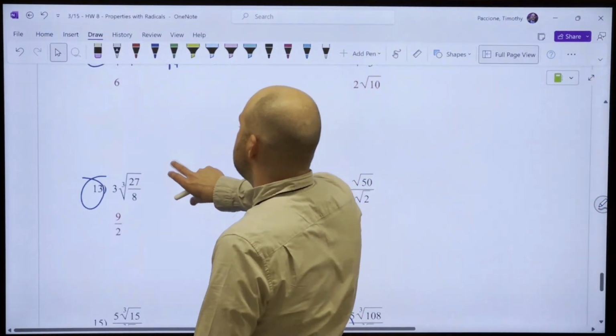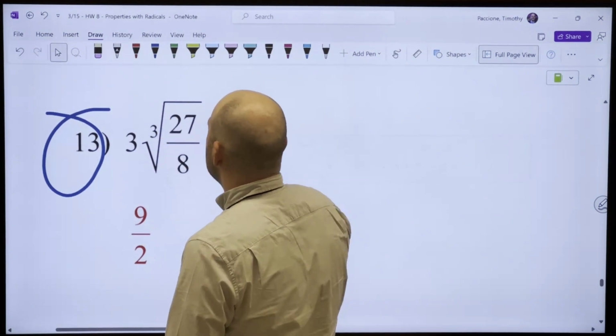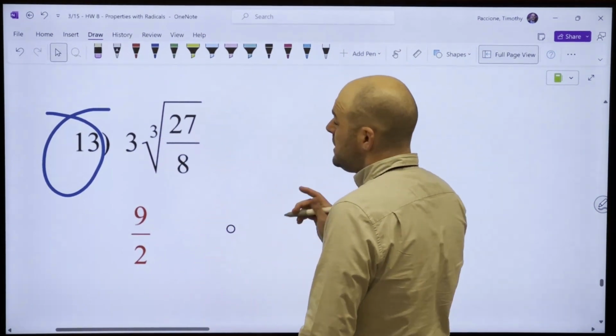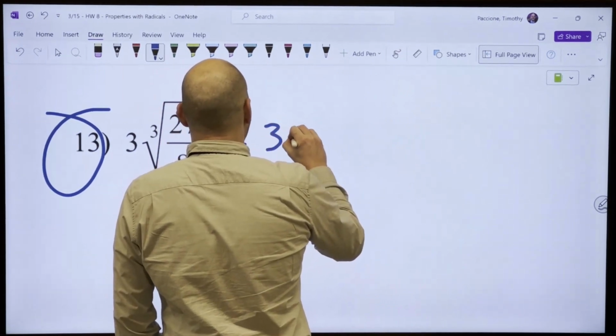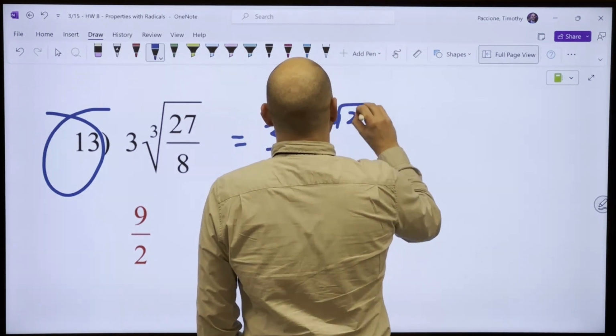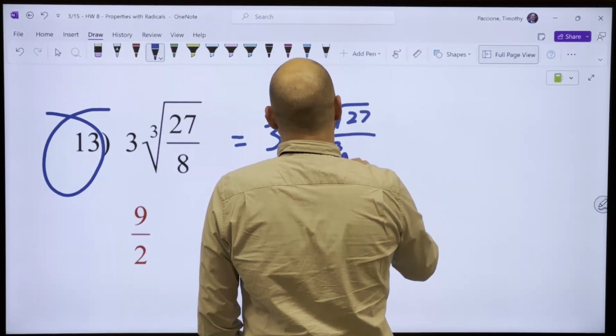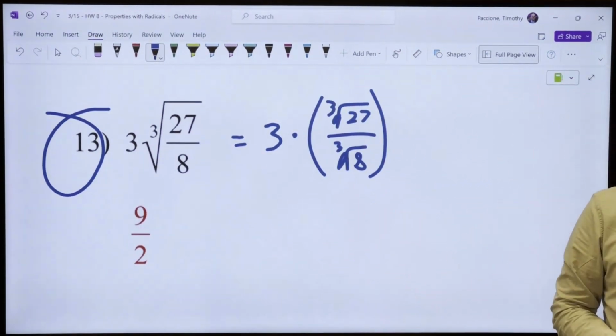Number 13. Okay, so you have 3 times the third root of 27/8. Similar, except you have that 3 out front. So really you have 3 times the third root of 27 divided by the third root of 8. You pull that apart because you can do both of those, right?